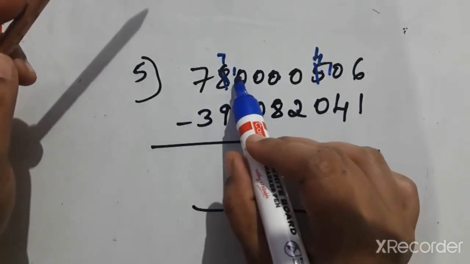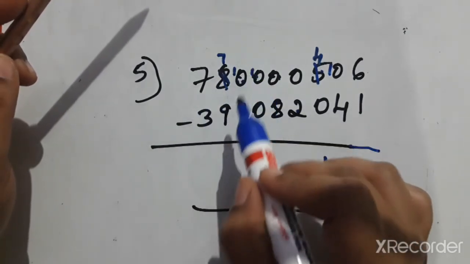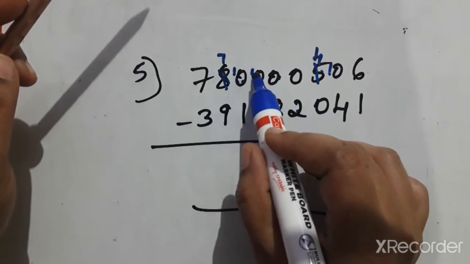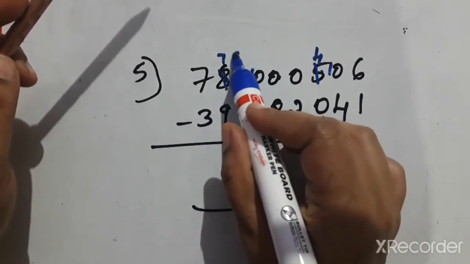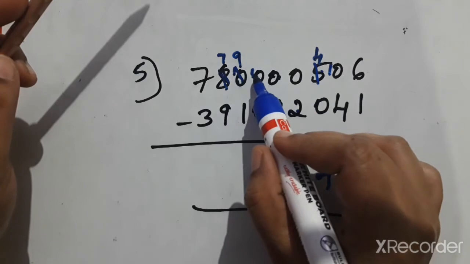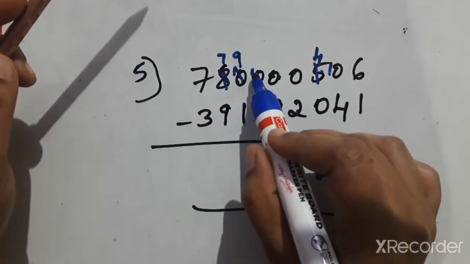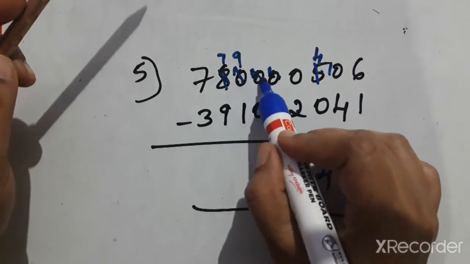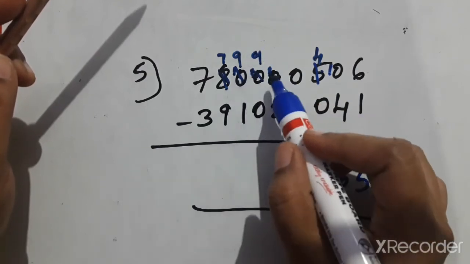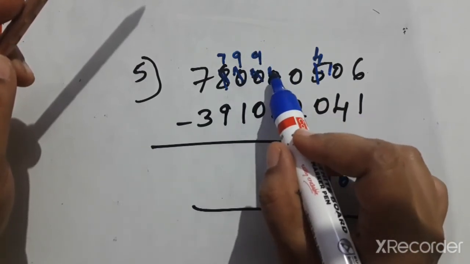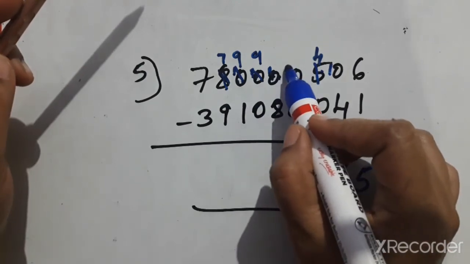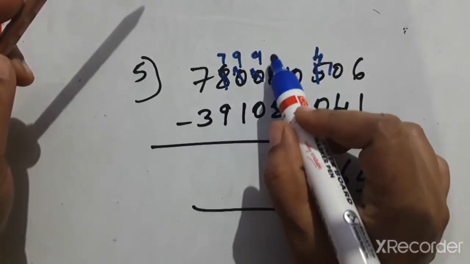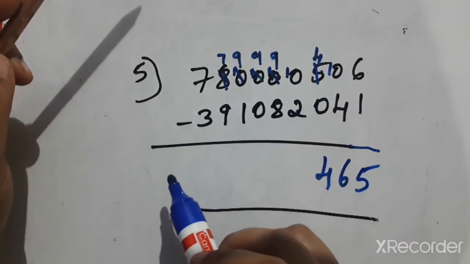Out of 10, he will help 1 to his best friend, so this is now 10 and this 10 will become 9. And here now 10. With 10 he will help 1 to his friend and this 10 will become 9 because he gave 1 to his friend. Now here 10. Out of 10 he will give 1 to his friend and this person will become 9.